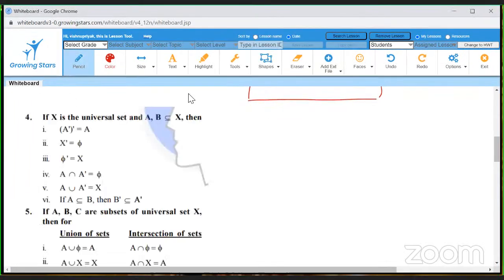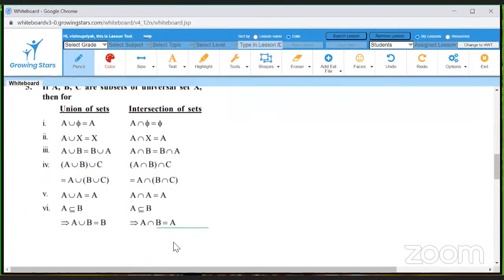But you must know all these formulas, then you will be able to do questions very easily. I only have to read them; nothing is there to explain. Whatever is there to explain, I will explain.